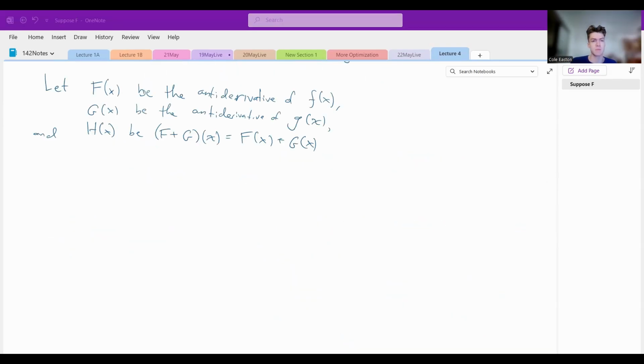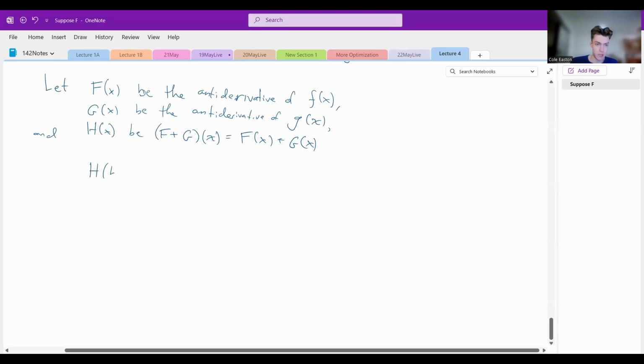So now let's say that big F of x is the antiderivative of little f of x. Big G of x is the antiderivative of little g of x. And big H of x is the sum of big F and big G. We want to see how much does big H of x change from a to b. So H of b minus H of a. So what does that mean?